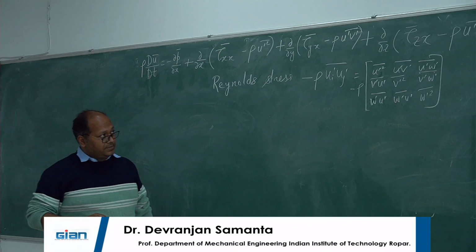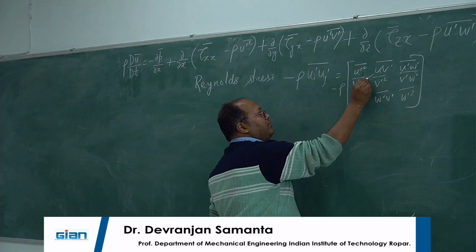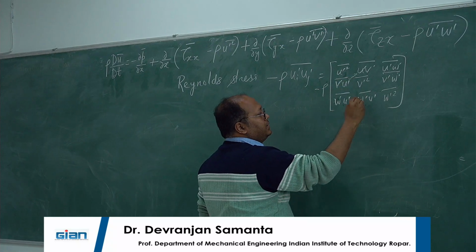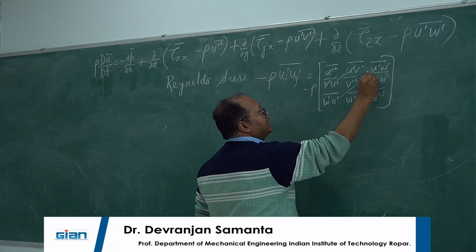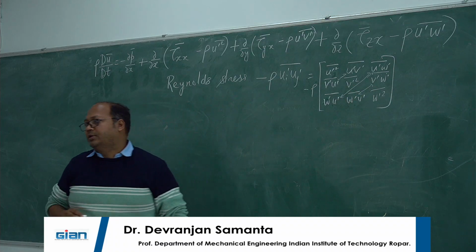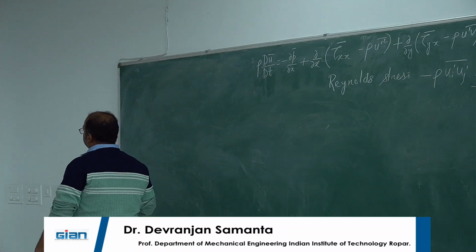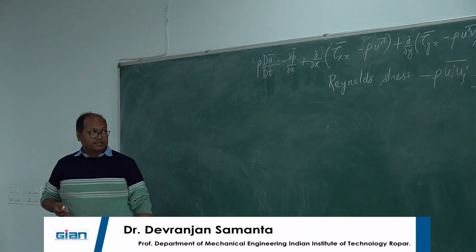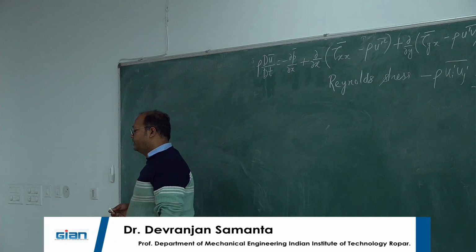And then we said that these components are equal to each other. So w dash v dash, these are. So there are 6 unique components, and we said that due to the evaluation procedure, there are these 6 new components. We have no way to know their quantities, how to estimate them.